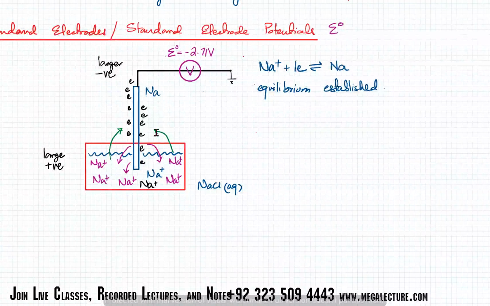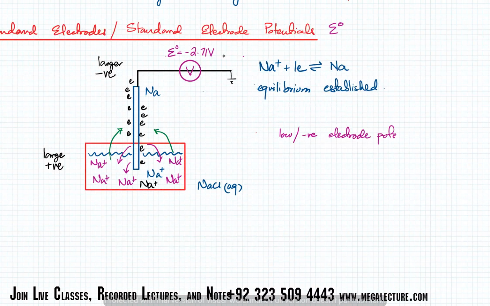It's a very negative potential because sodium really likes to lose electrons, which is why your electrode had a lot of electrons on it, which is why it was negatively charged. That's why you're getting a very low potential. So the idea of an electrode potential is that a low or negative potential indicates that sodium really likes to lose electrons.